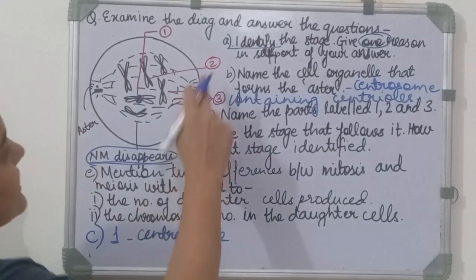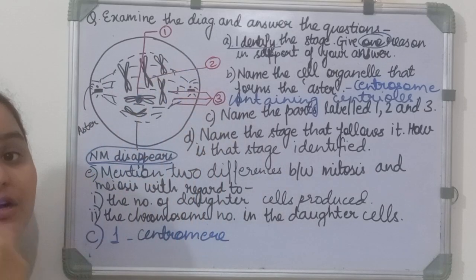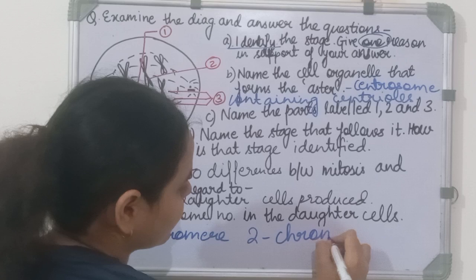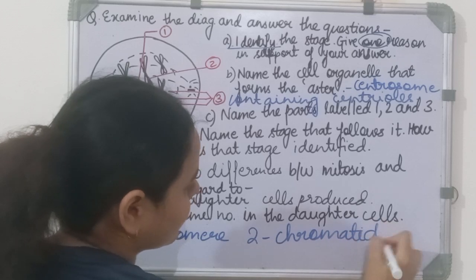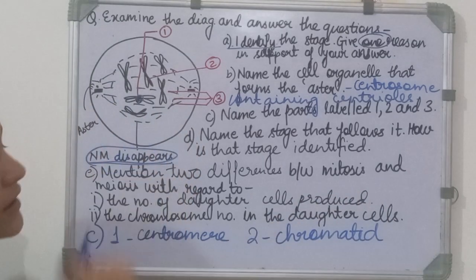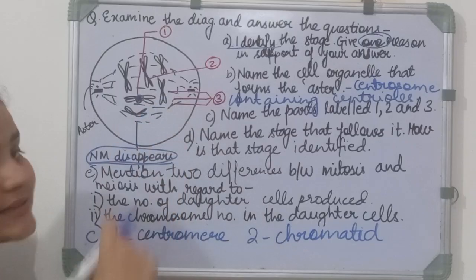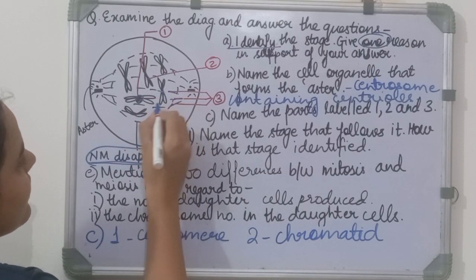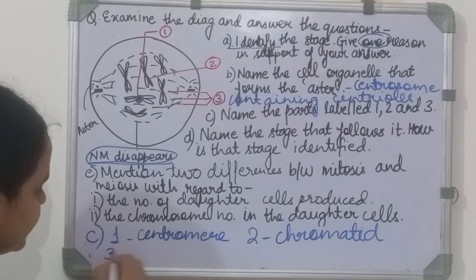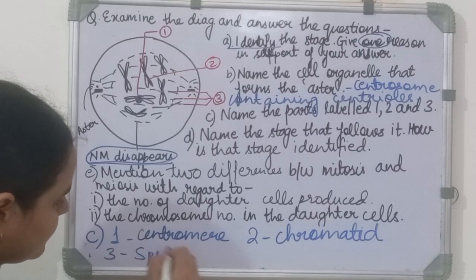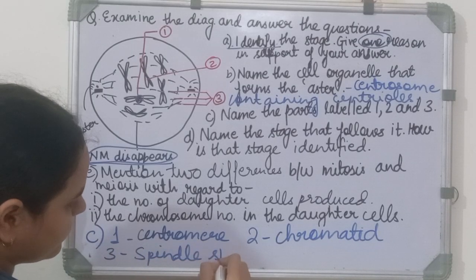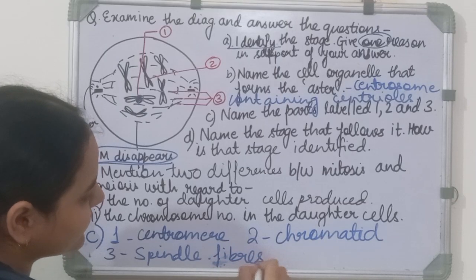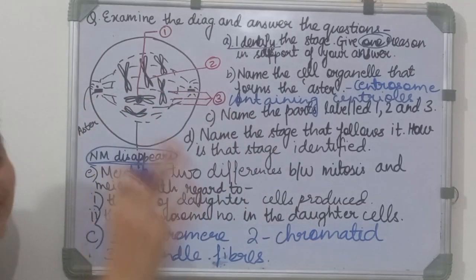Now second is pointing towards the chromatid. Second is chromatid. Now third, we can see, is spindle fibers, which have formed between the two centrosomes.